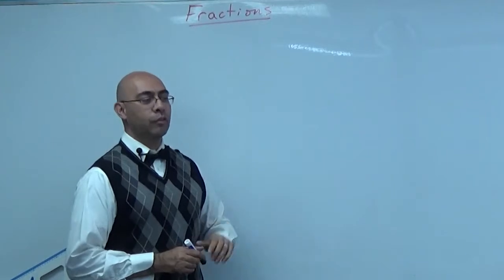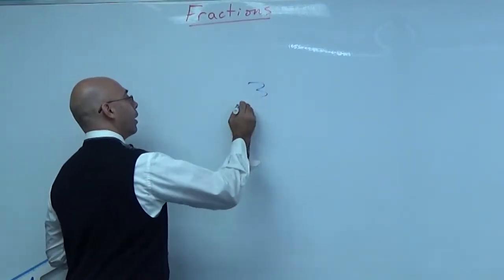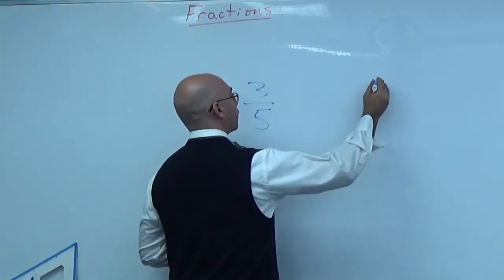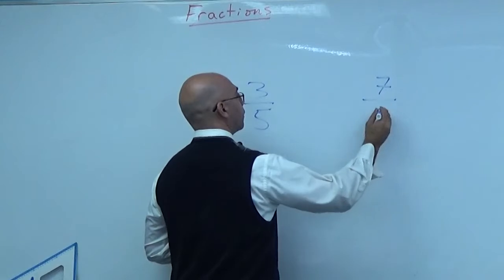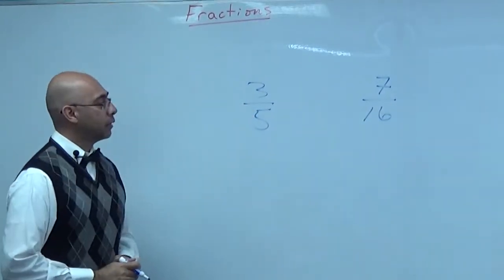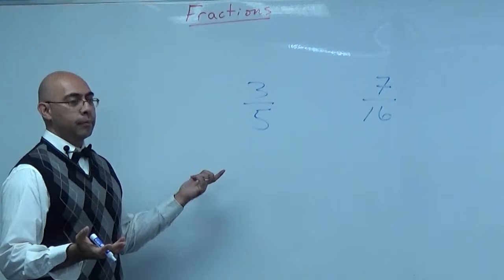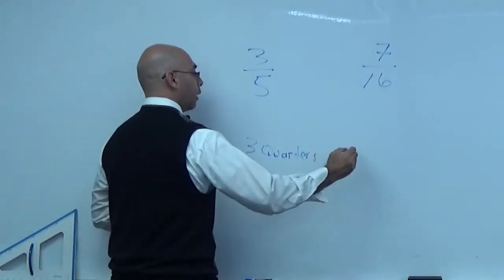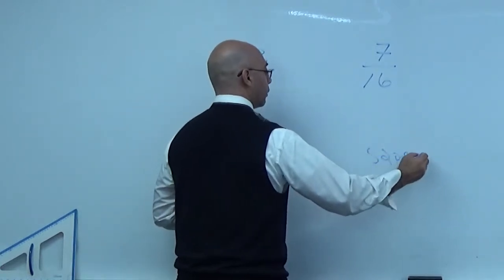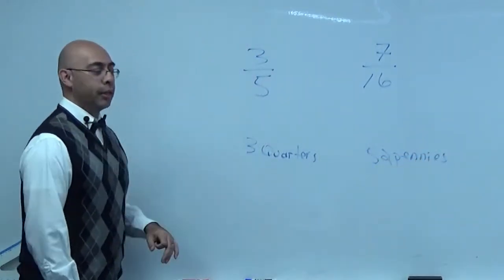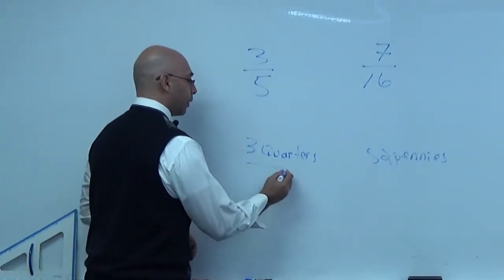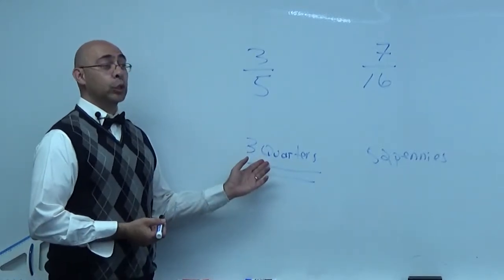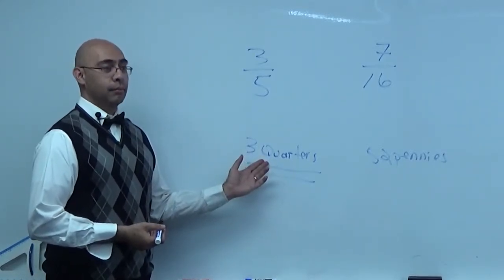The reason I'm talking about equivalent fractions is this. We're going to compare numbers like 3/5 and 7/16. Which one's bigger? Take 3/4 and 52 pennies. Automatically, you already know which is the bigger thing, because you know that 3/4 is actually 75 pennies.